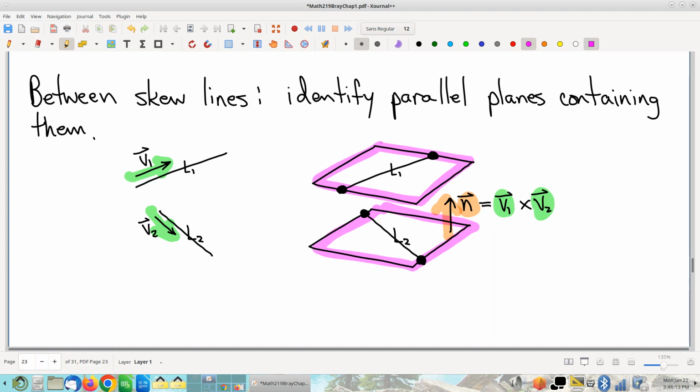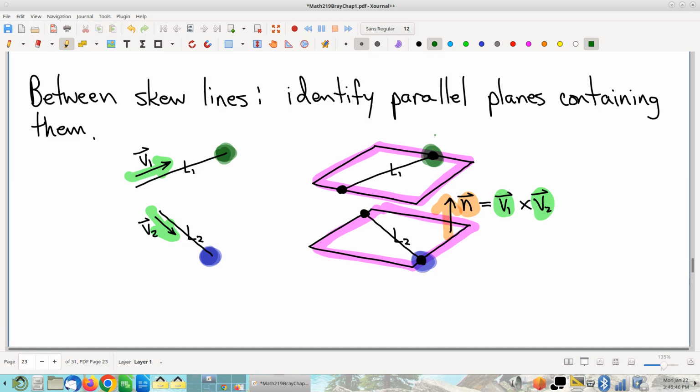And so to produce the relevant planes, all you have to do is, for example, for L2, just pick some point on L2 and use that as your x naught. Boom. Now you've got an x naught and a normal vector plane. And likewise, pick some point on L1. Doesn't matter which one. That x naught and your normal vector produces that plane. So you can always put skew lines into parallel planes.